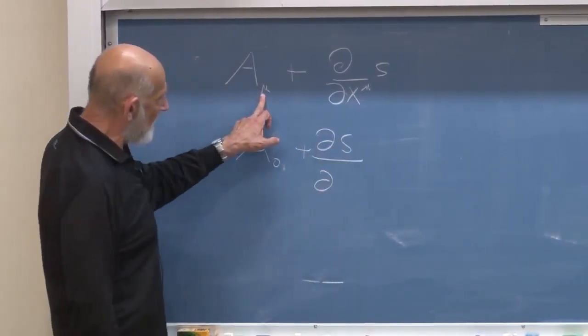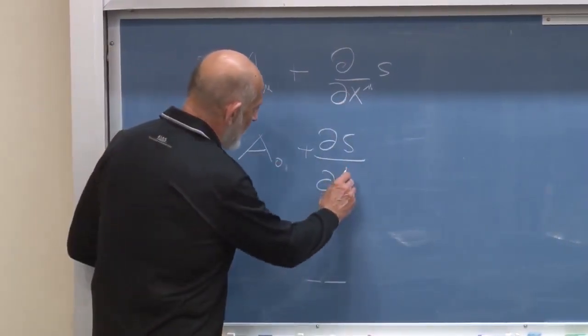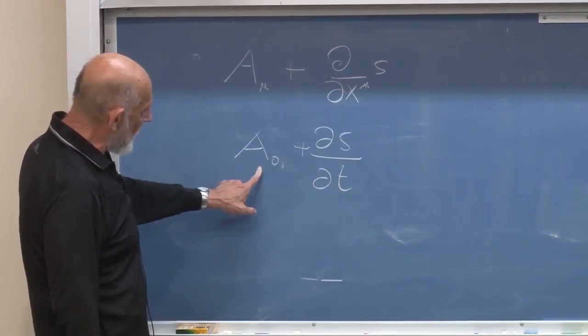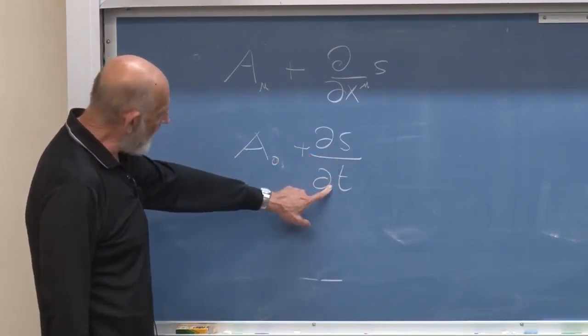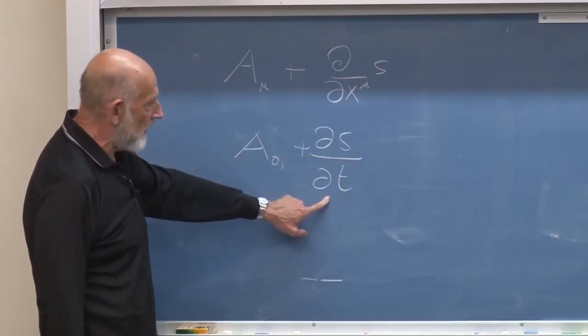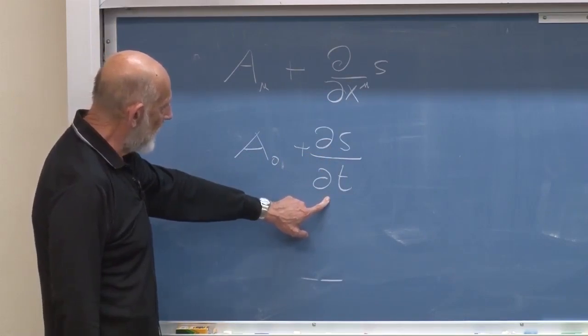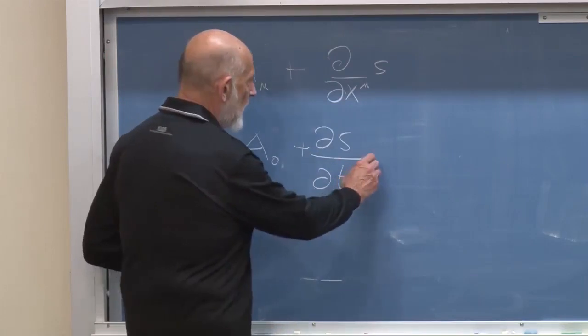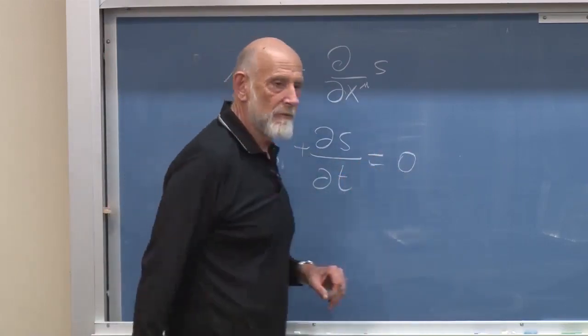Now, mu is the time component, so this means d by dt. If we start with the original vector potential with a time component, we change the time component by adding the dS by dt. Is it possible to choose S so that this is always equal to 0?